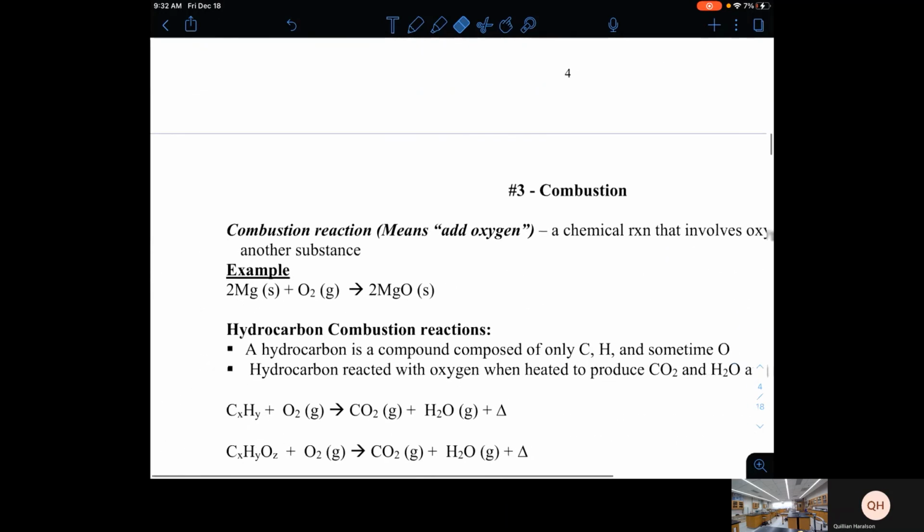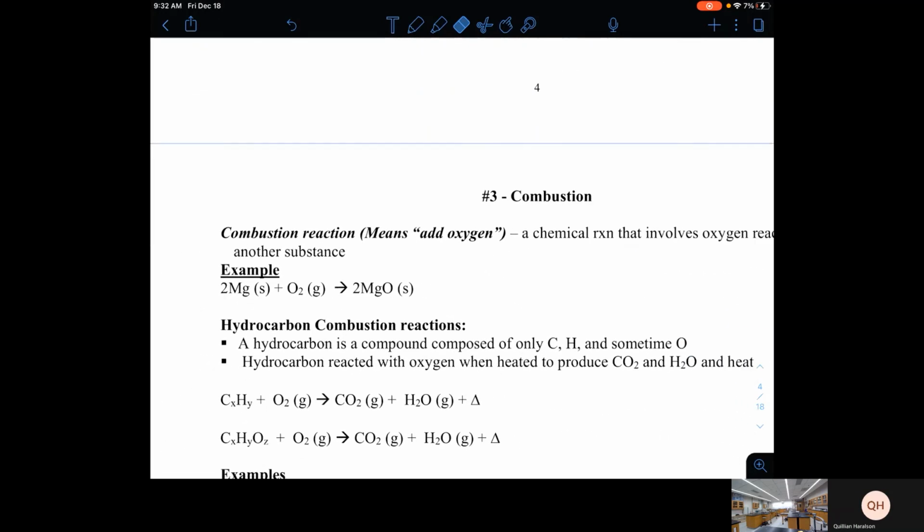The next reaction we have here is going to be our combustion reaction. And combustion simply means to react with oxygen. That's what it means. Anytime I have oxygen sitting on the reactant side, by definition, it happens to be a combustion reaction.